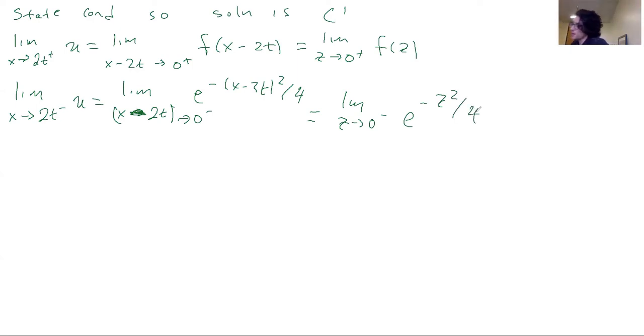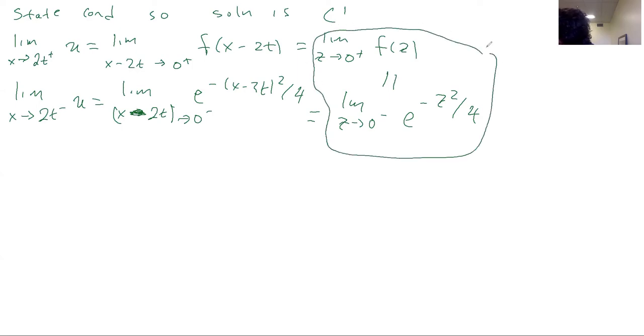So these two things need to be equal for the function to just be continuous.